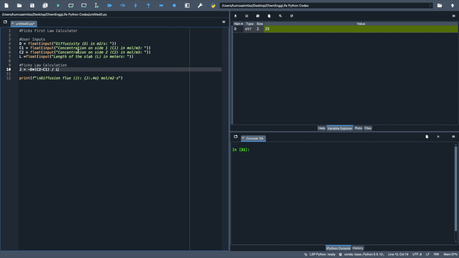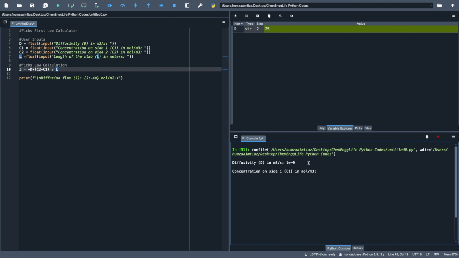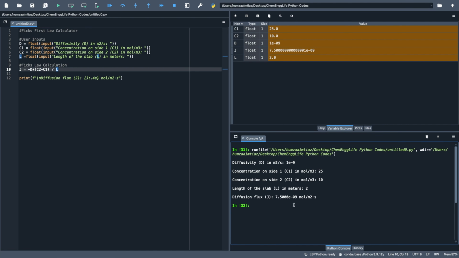So if I was to run the function now, if our diffusivity is, let's say, 1E-9, and the concentration is 25 on one side and 10 on the other, and the length is, let's say, 2 meters, then we'll see that the diffusion flux is calculated to be 7.5000e-09, and that is what .4e means.